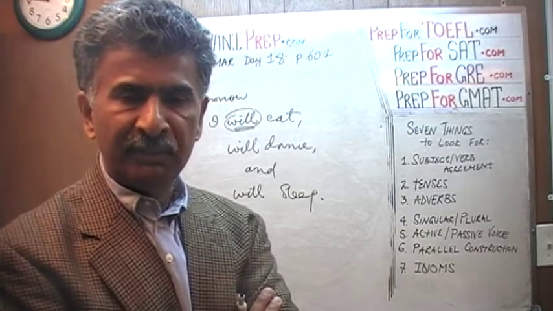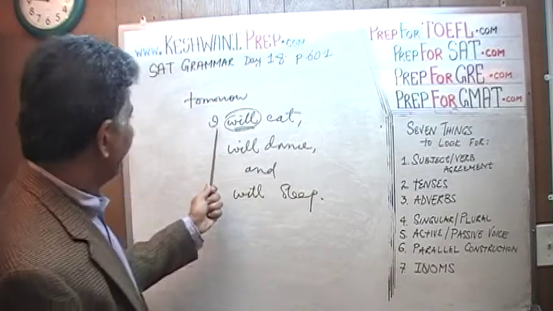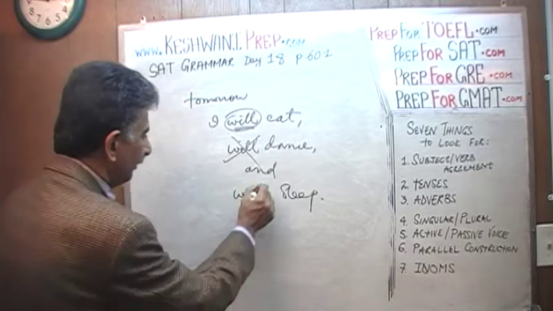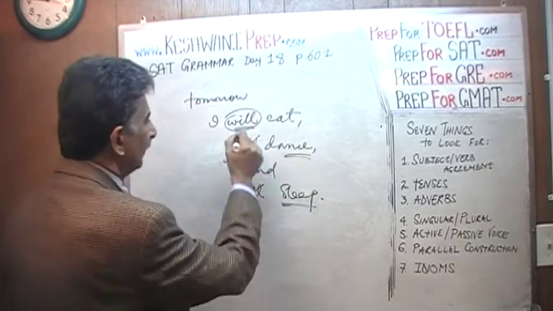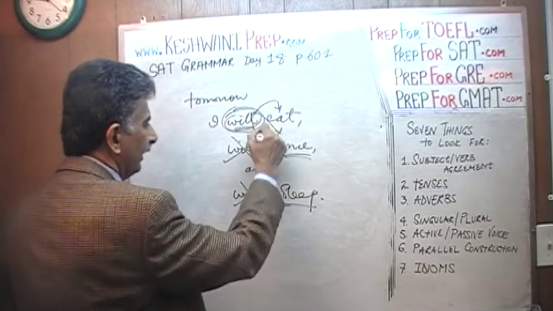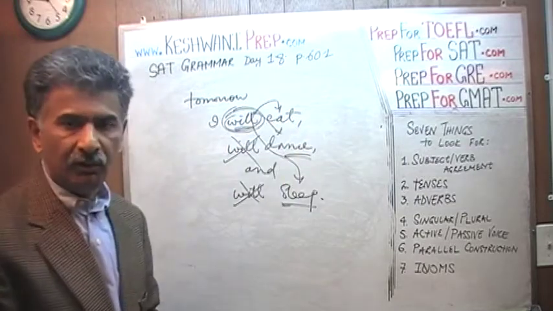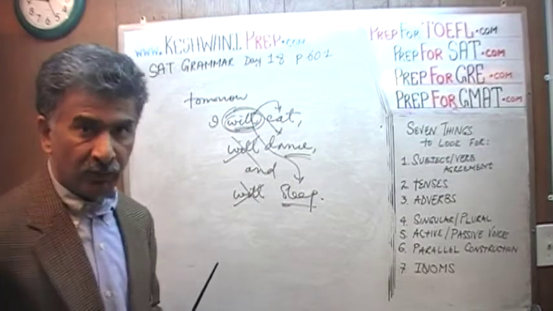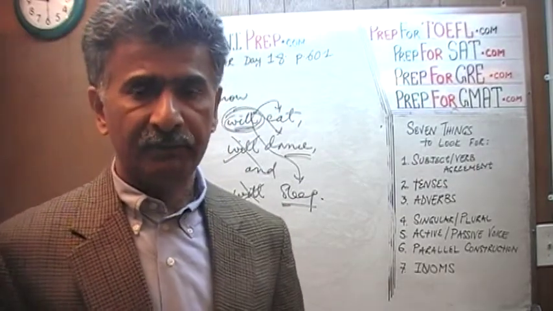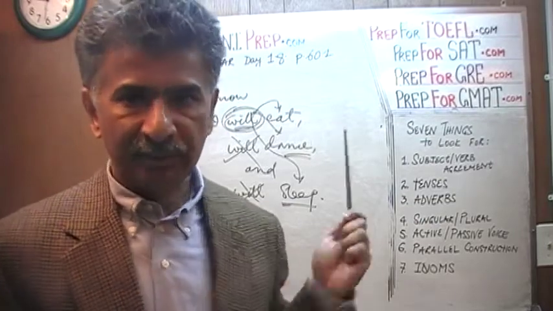We do not have to keep repeating the word will. Tomorrow I will eat, dance, and sleep. In other words, this will belongs to this verb, to this verb, and to this verb. It belongs to all the verbs. This is called the auxiliary verb. It belongs everywhere, and that auxiliary verb does not need to be repeated. It's only mentioned once at the beginning. That's what's wrong with this sentence.